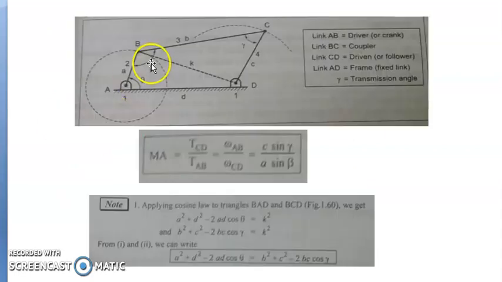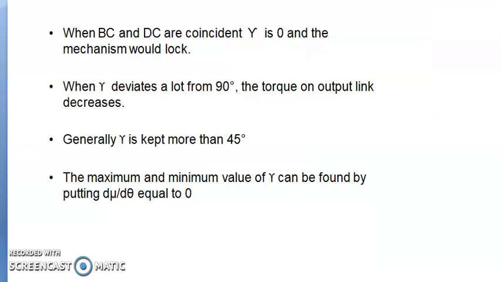When BC is perpendicular, that is, at 90 degrees to DC, the torque exerted on CD will be more. So the more gamma deviates from 90, the more the torque on the input link decreases.